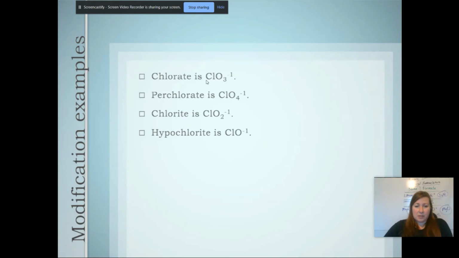So we go back up to the ClO3 minus 1, "ate" version. And so chlorite is ClO2 minus 1. And then hypo-"ite", remember, it means 2 less oxygens than the "ate" variety. So hypochlorite is going to be ClO minus 1. So that's a little bit confusing. It'll take some practice, but you'll get used to it.